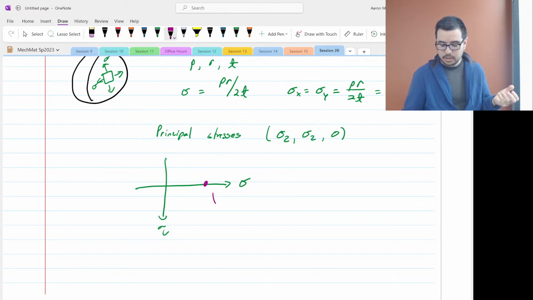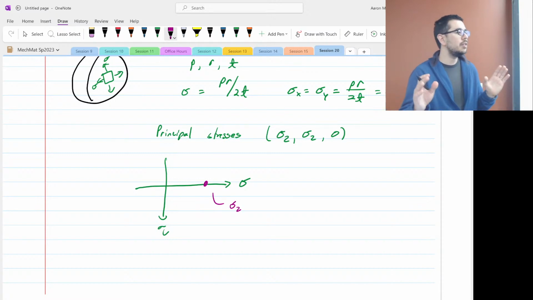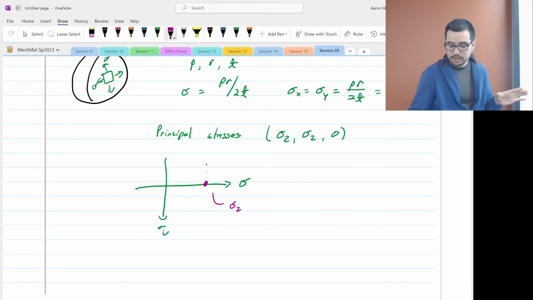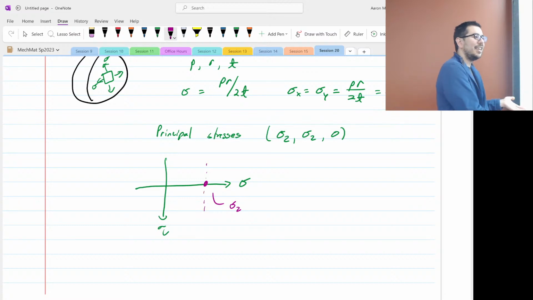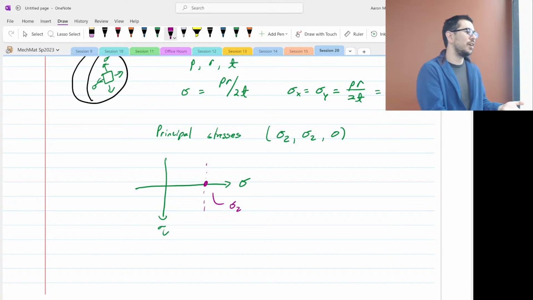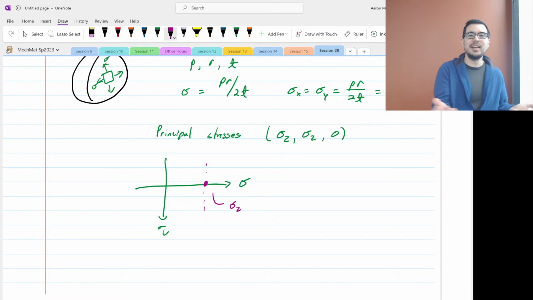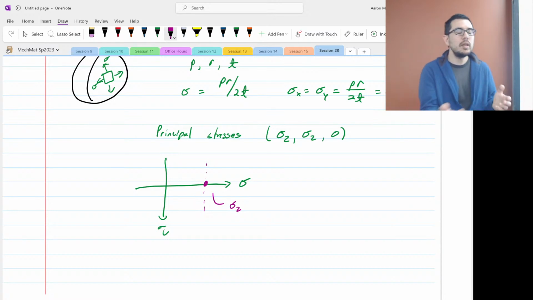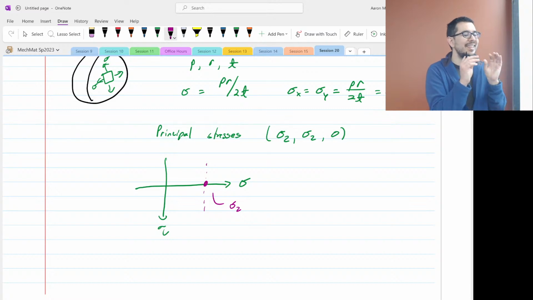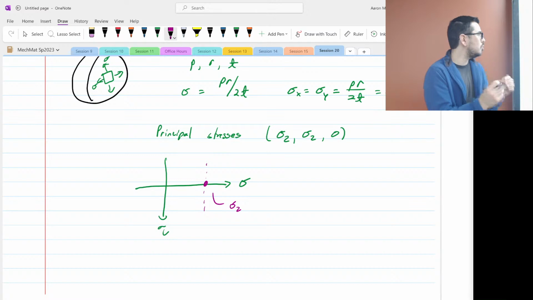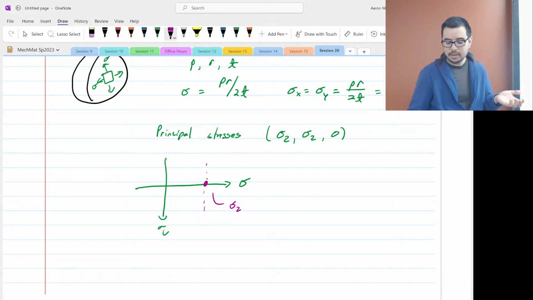So this is sigma, and this is the way we did things last Friday. If we're asked for the in-plane max shear stress, and it's just 2 points on the sigma axis, there's no height, so it has to be 0.